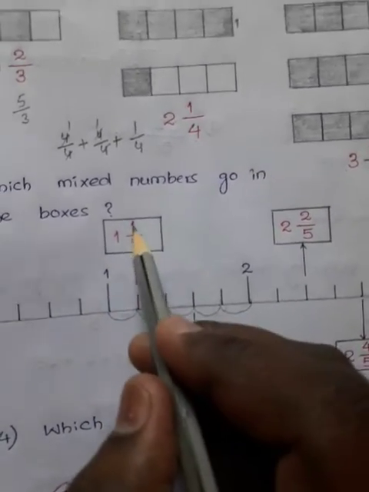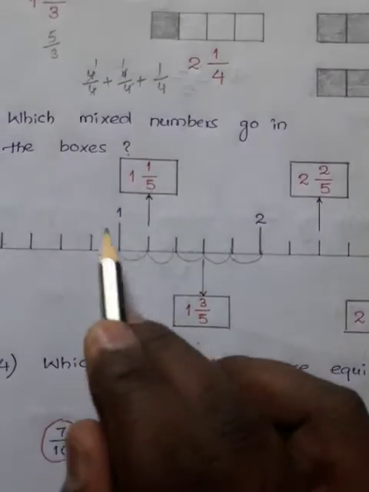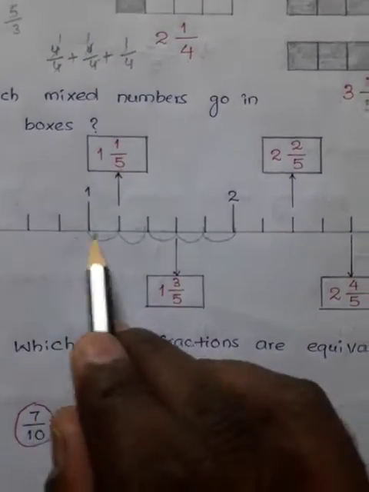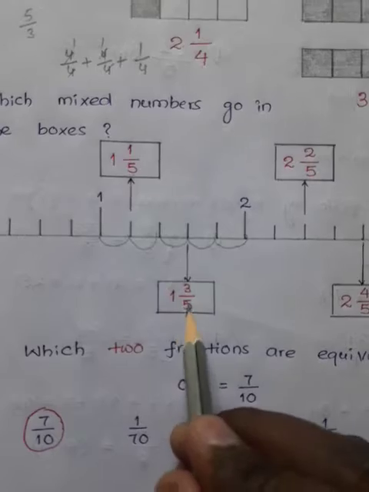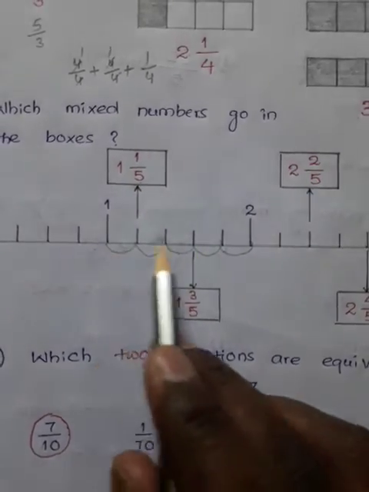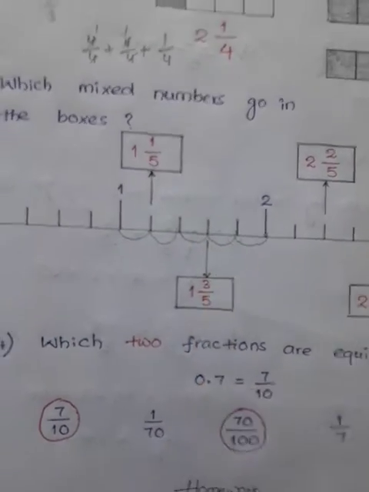The first place. That means 1 by 5. Similarly, check this one. Every time write the whole number that comes before. So 1, total divided into 5 parts from 1 to 2. Out of 5, which part is the arrow? It's the 3rd: 1, 2, 3. So 1 3 by 5.